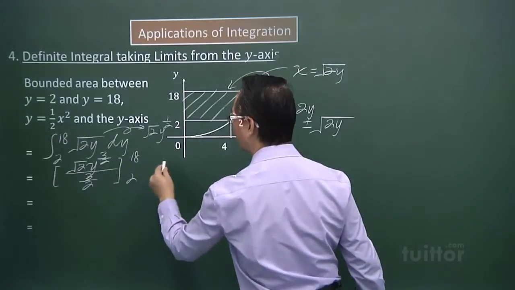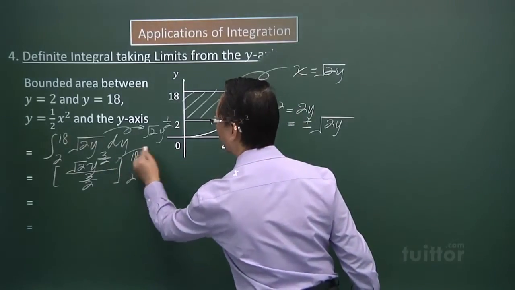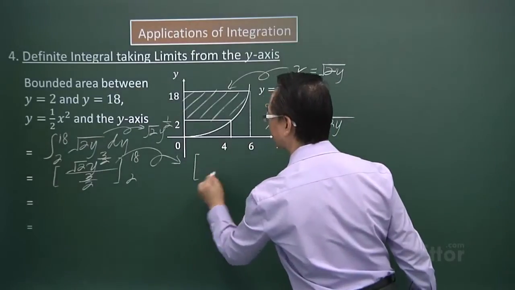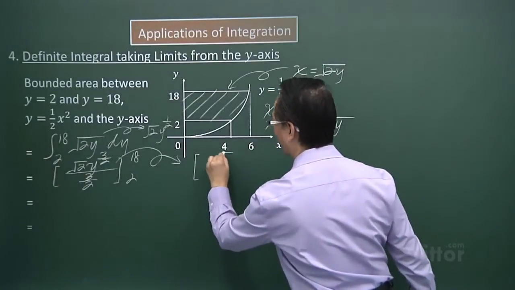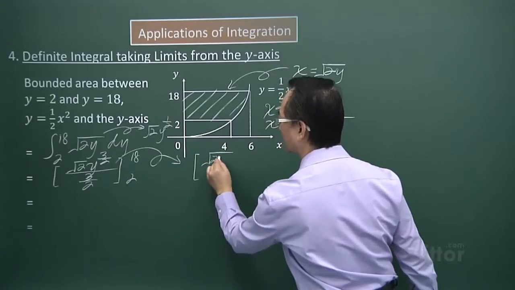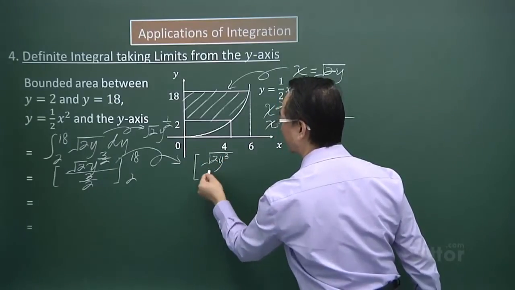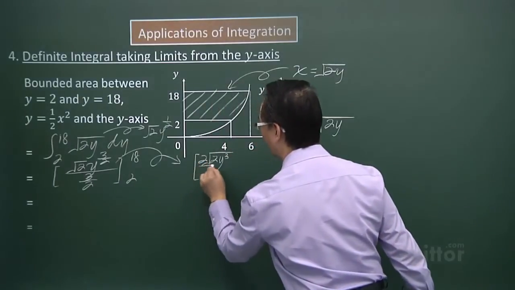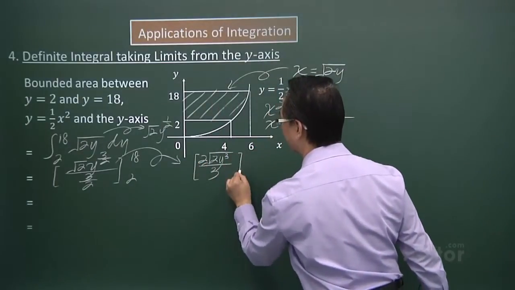So to rearrange that, I have this expression, square root of the 2 y cubed and these 2 here over 3.